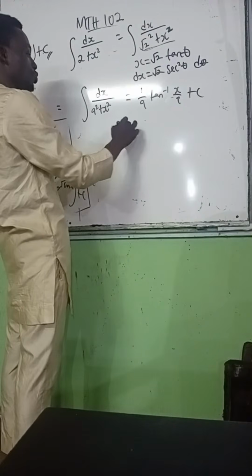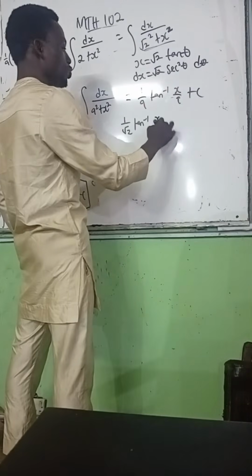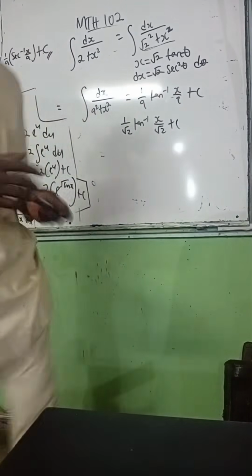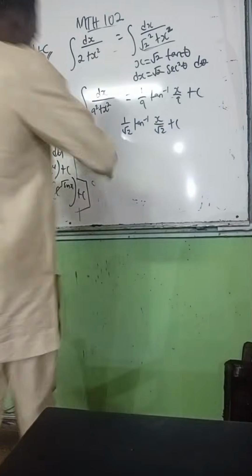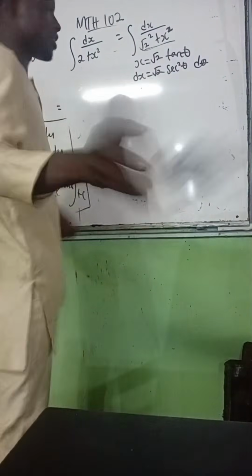So we have 1 over root 2 tan inverse of x over root 2 plus C. Let's solve and see whether we are going to get that. 1 over root 2 tan inverse of x over root 2 plus C, and that's our answer. But let's solve.